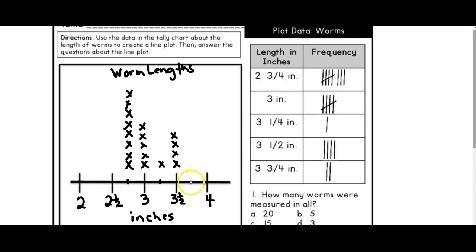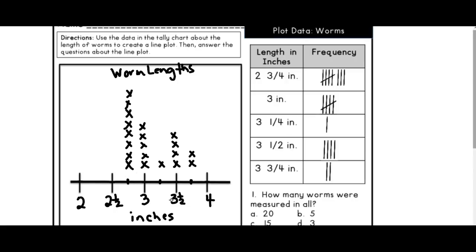Once again, it's not on the number line, but we know that 3/4 is halfway between 3 1/2 and 4. So there is our line plot for that information. Now, it's okay to have things in between two of your values as long as you know that that's where it belongs. So because I didn't have 2 3/4, I could put the information halfway in between 2 1/2 and 3 because that's exactly where 2 3/4 is.